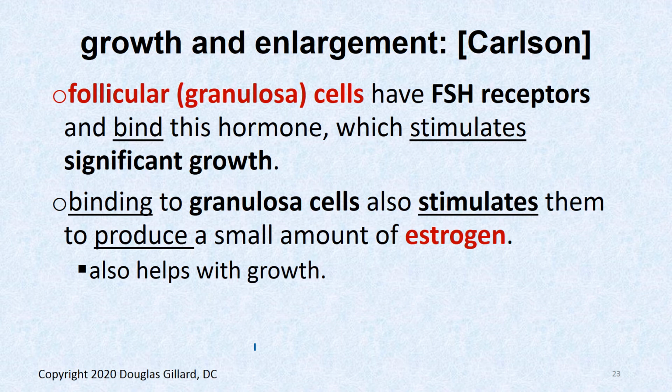And it's a cascading system where one product goes into the nucleus and turns on the genes for things, but we won't get into that deep here. So just know that the follicular cells do have receptors for FSH, and when FSH, a hormone, binds, it causes the growth to occur. It also stimulates them to produce a small amount of estrogen, which turns around and helps them to grow as well.